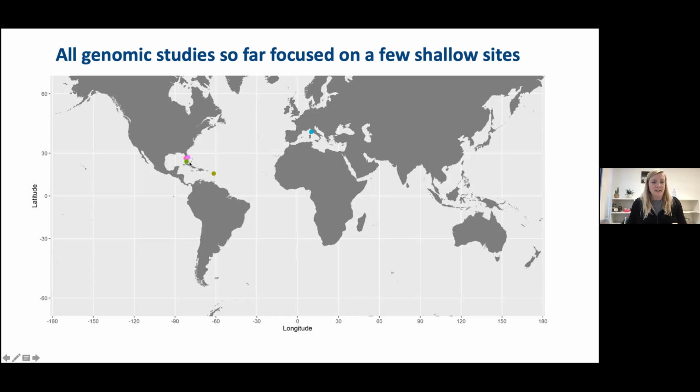And so when we started out this research, there were a couple of genomic studies. Here was our work from Elba in the Mediterranean, and there were a couple of studies looking at the genomic diversity of symbionts in the Caribbean. But very few studies on the symbiont diversity.